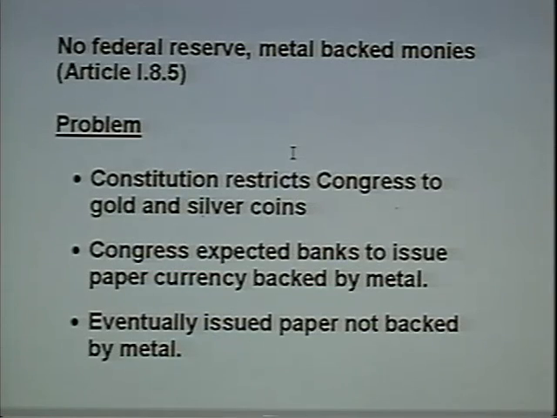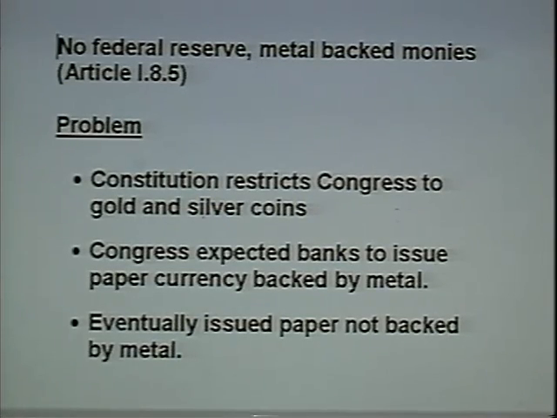Now, Congress expected banks to issue paper currency backed by metal. Obviously, you can't make large purchases carrying around gold and silver coins, because they're too heavy. But what inevitably happened is that the banks eventually issued paper money not backed by metal, and this added distortions to the economy.